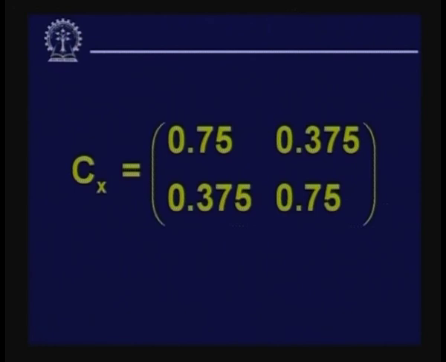Now, once we have this covariance matrix, to find out the KL transformation, we have to find out what are the eigenvalues of this covariance matrix.